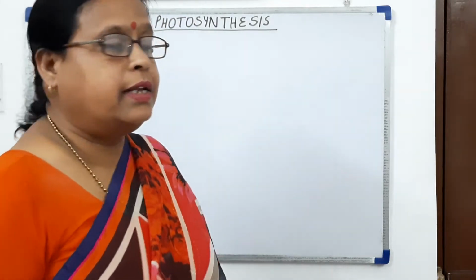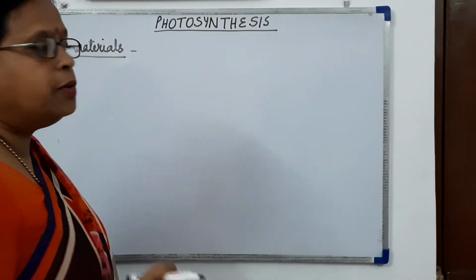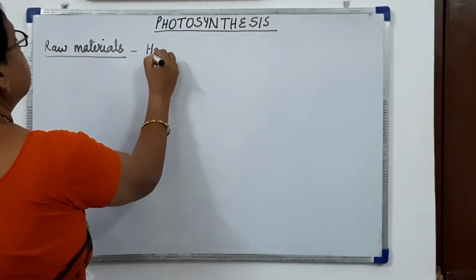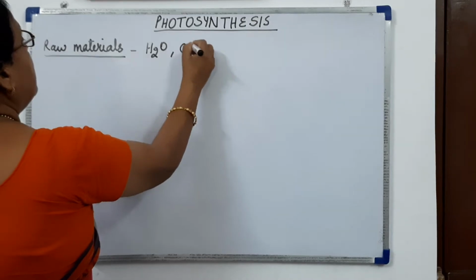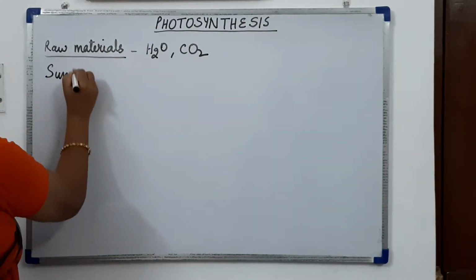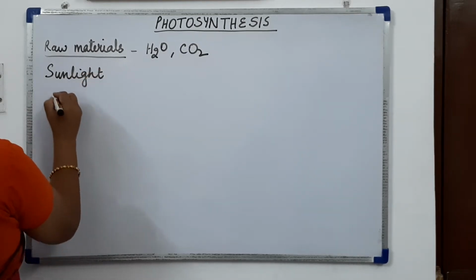So let's start it. In photosynthesis, we know that the raw materials are water and carbon dioxide, then sunlight and the pigments.